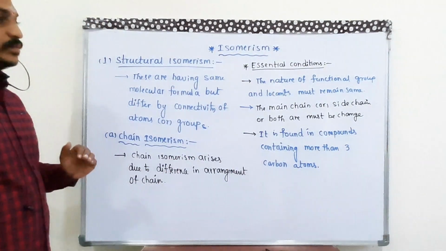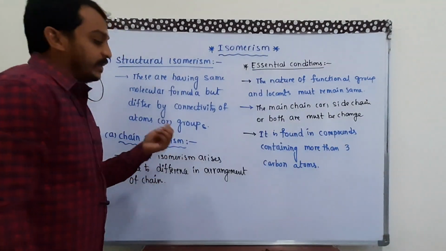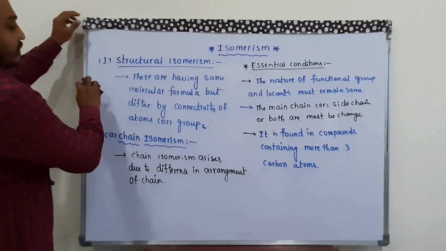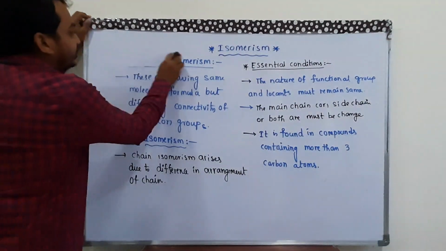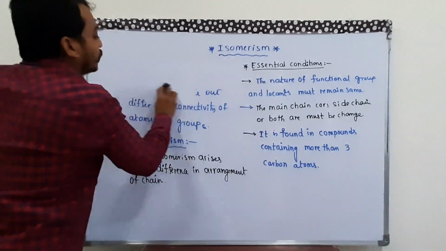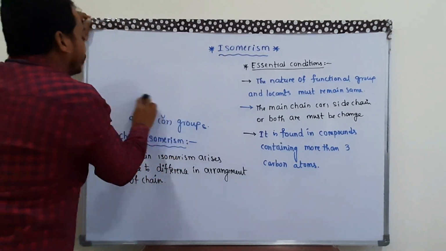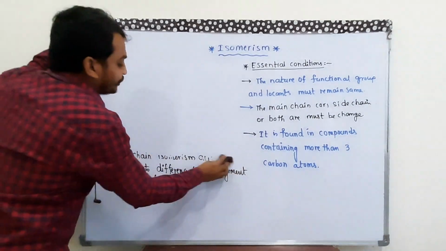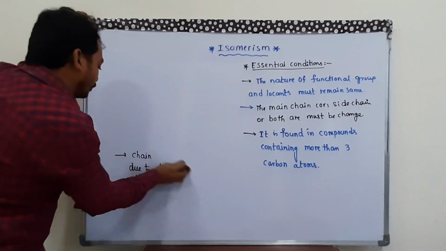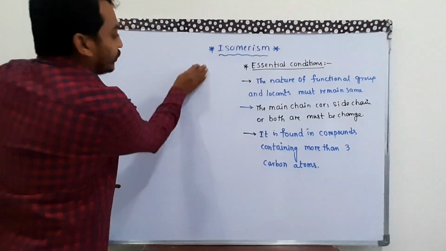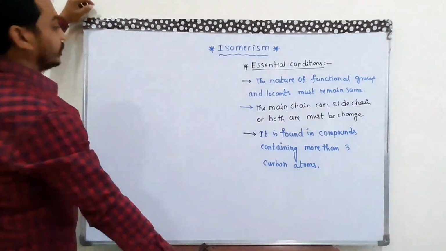So what are the examples for the chain isomers? Next I want to explain the examples for chain isomerism. Listen carefully here. How to identify the chain isomers in the given compounds? The molecular formula is the same here also, right?